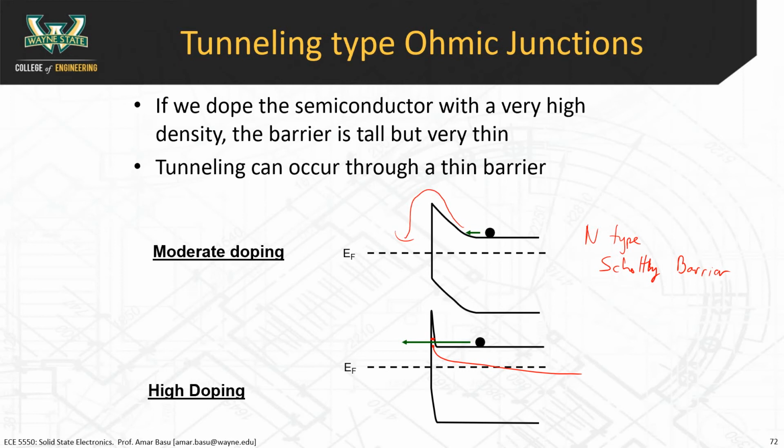If you have a metal in contact with an N+ material, you will end up getting that tunneling, a barrier that has a really narrow width, and that can allow conduction through this tunneling effect. At low doping, it would behave as a Schottky diode, but at high doping, it would behave as just an ohmic contact because of this tunneling effect. Does that make sense?